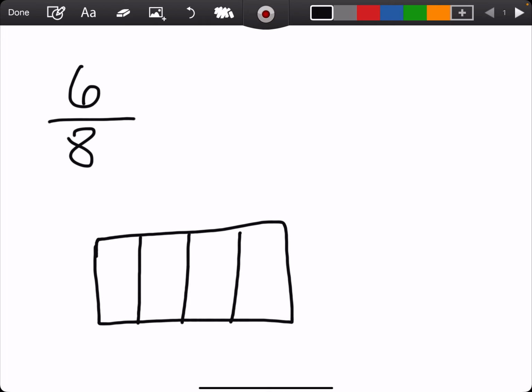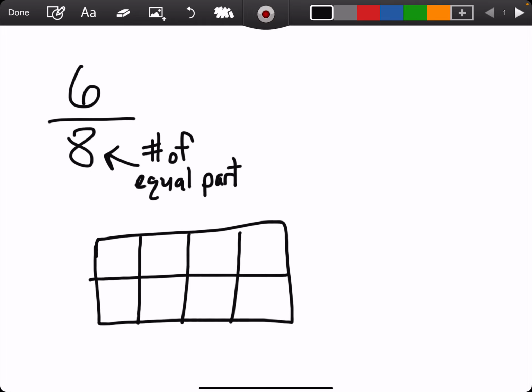I now have eighths, because we know my denominator shows me the number of equal parts, and my numerator is the number of parts we're looking at.